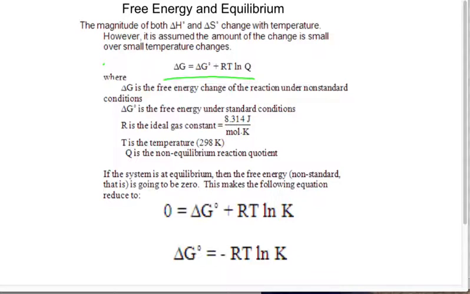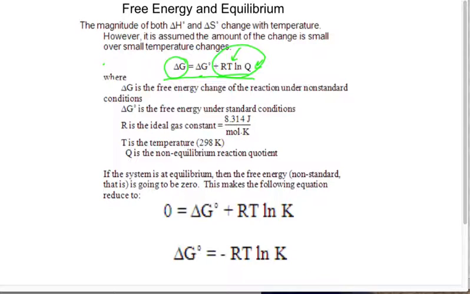We either change temperature, or if it's an equilibrium system, we may change the concentration or the pressure of some of the reactants. In the process, that is going to change, with this correction factor, what the actual free energy is. This is how to find the delta G when we're not at standard conditions. So when we're not at standard conditions, we would have to use this equation.